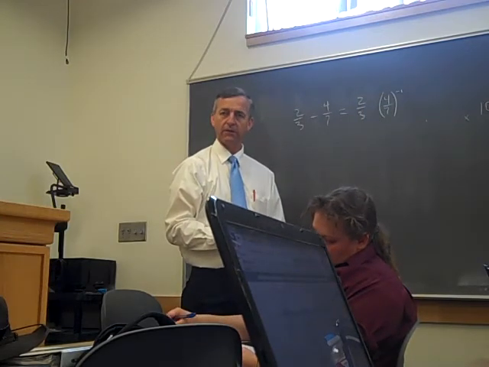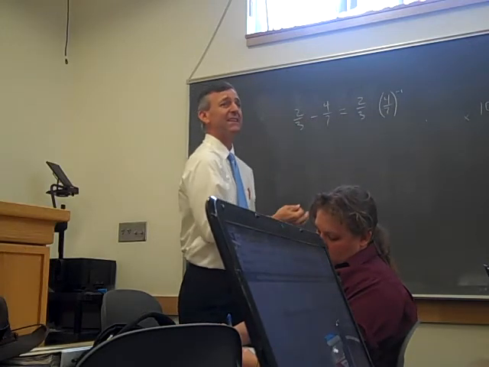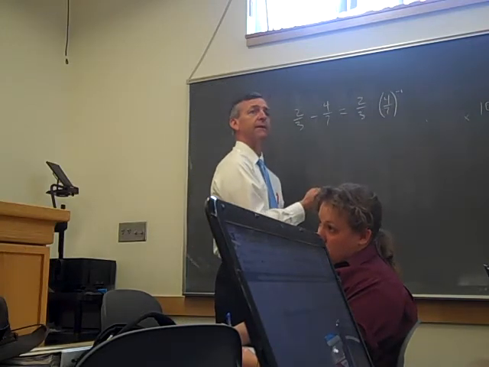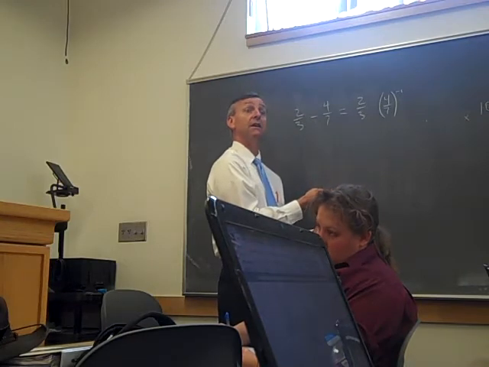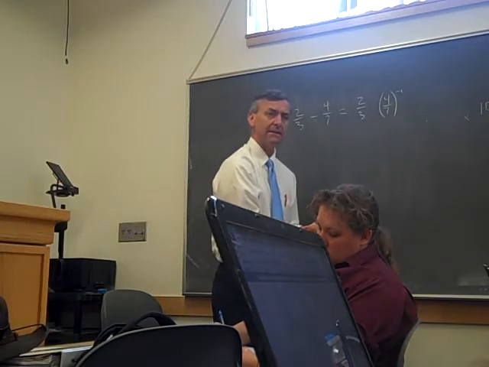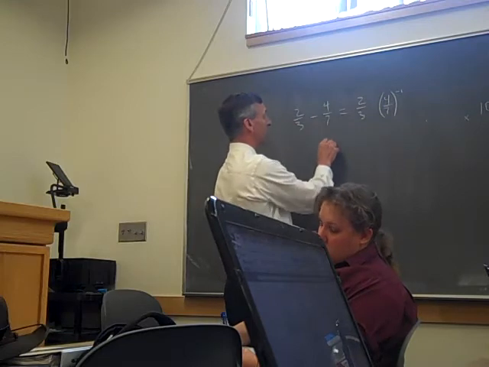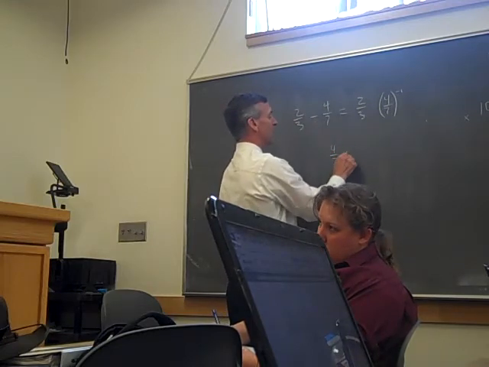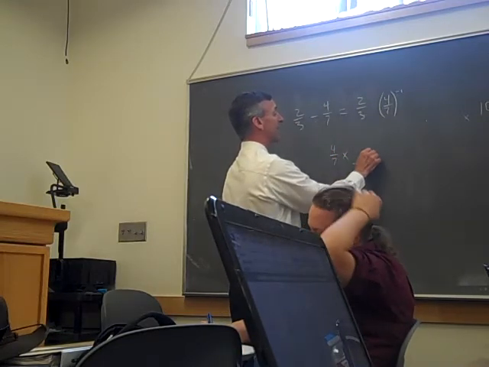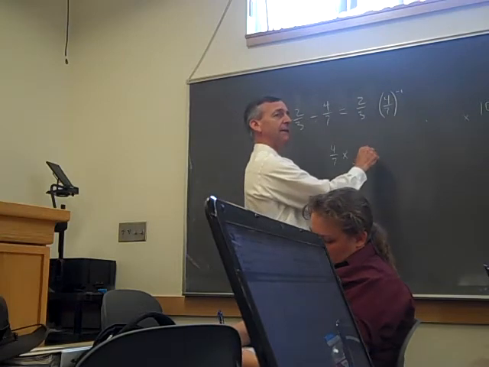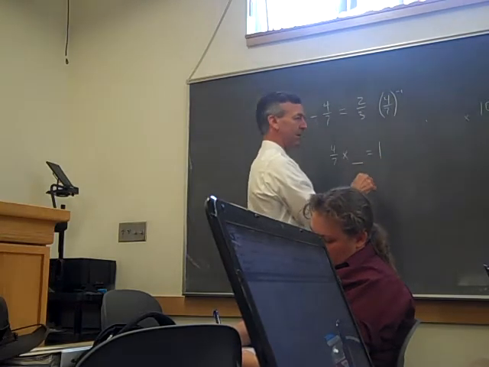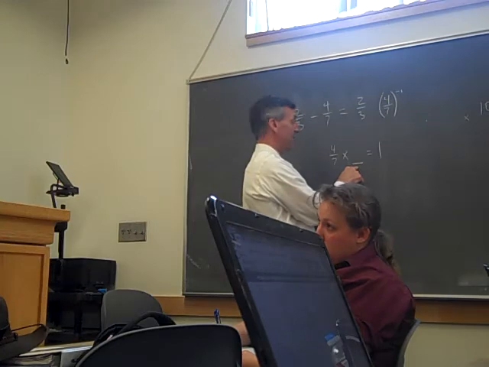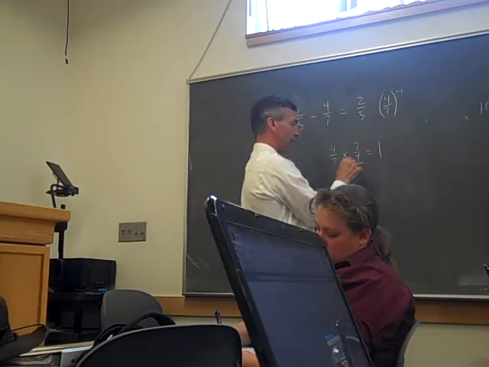What is the inverse of 4/7? Well, the inverse is the number that produces the identity. So I'm looking for the inverse for 4/7. So what would I times it by to get the identity? What is the identity? 1. What will I multiply by? 7/4.